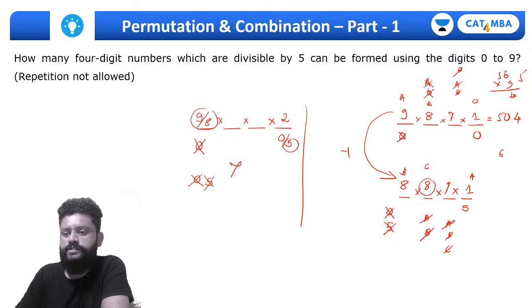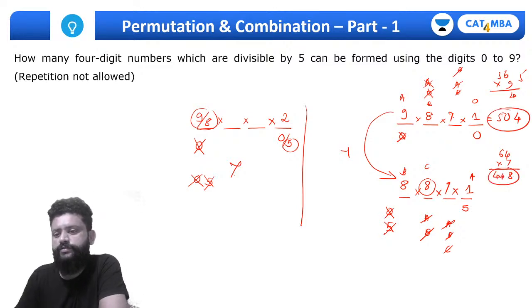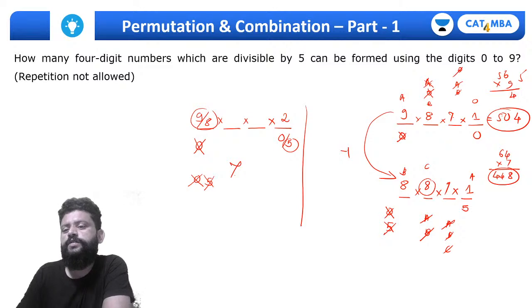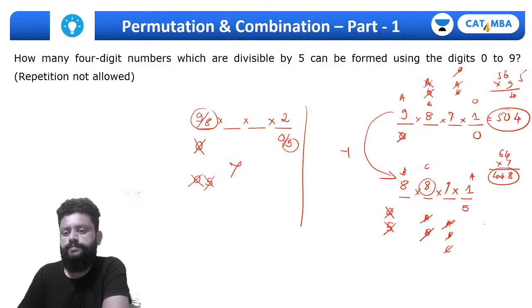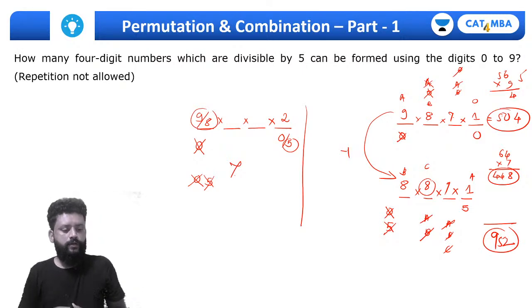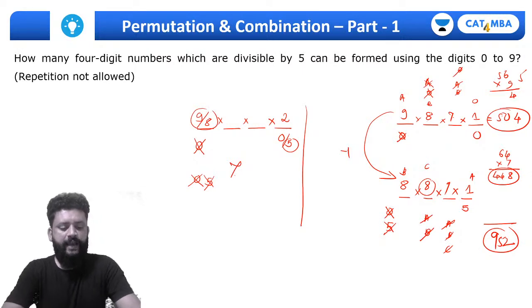Now we can do 64 into 7. For the 28, carry 2. 7 6s are 42 plus 2, 448. Plus 504. 500 plus 450, you can say it is 952. You can do the calculation part on your own. That's quite simple.